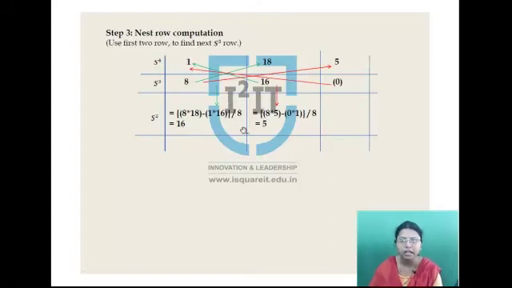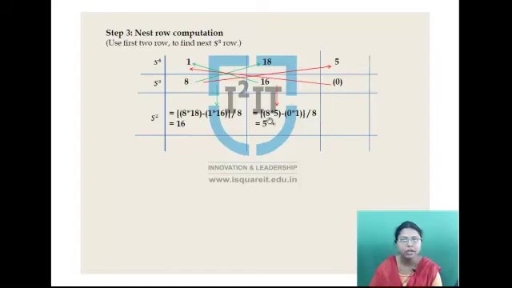Now let us go to the second element here. Same row, second element. The second element is calculated as, again we'll take the first column element of the s³ row, that is 8 into 5 minus 0 into 1, and this entire thing divided by this base element, 8.